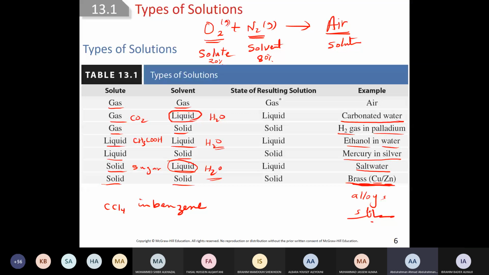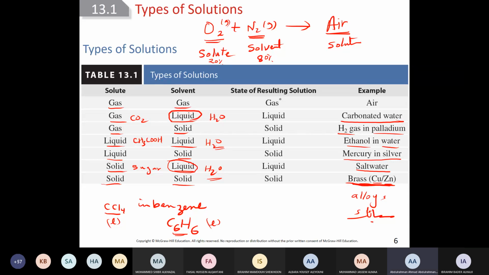Everybody knows what benzene is. Carbon. C6H6 is benzene. All right? Can we dissolve CCl4 in benzene? Yes. And this is actually liquid in liquid. Okay, good. I hope this is clear.